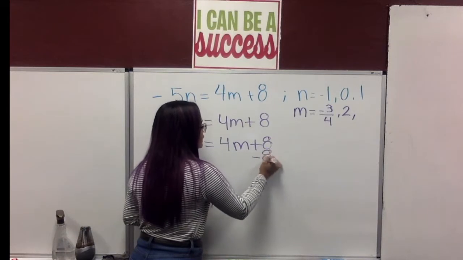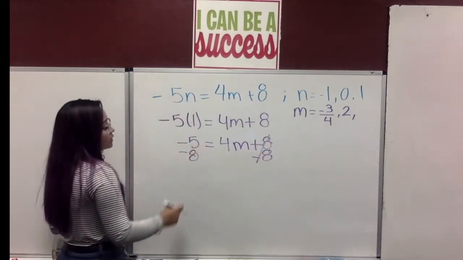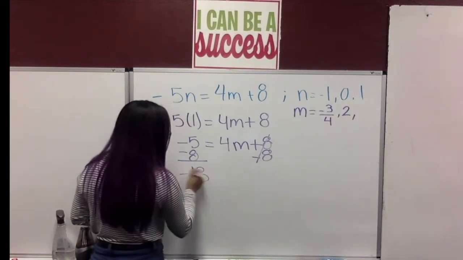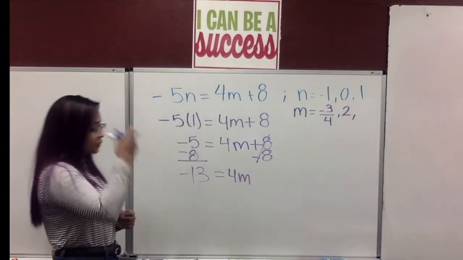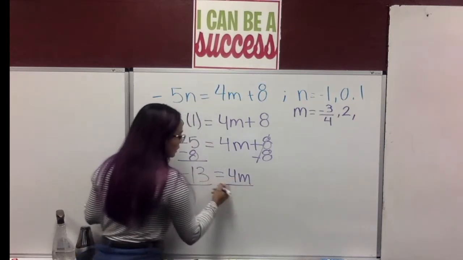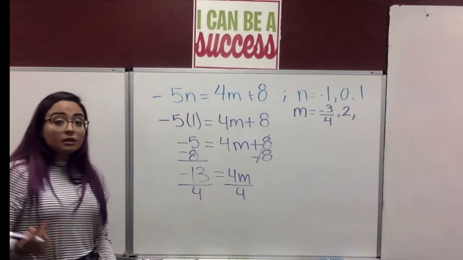Now again, getting rid of the 8 on both sides. We have two negatives, so we're going to add them. This will leave us with negative 13 is equal to 4m. Okay? Now, to get m alone, we are dividing by 4. Very simple, right?